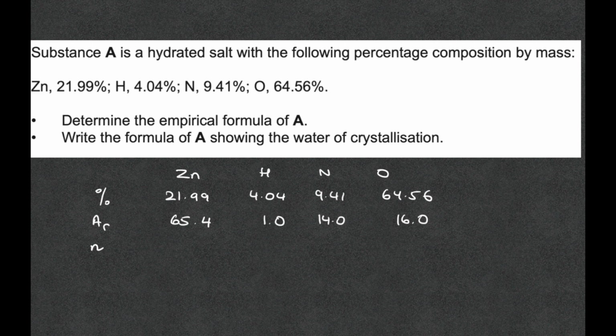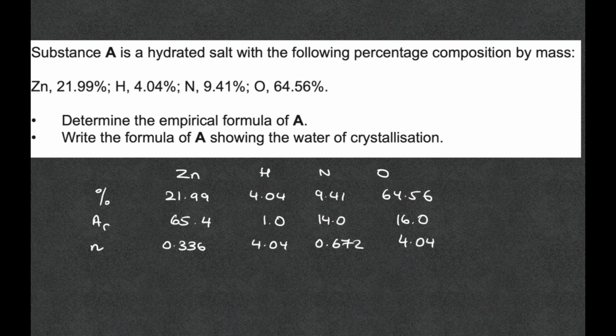Okay, so the number of moles are really simple. I end up getting 0.336. Remember, you do not have to worry about the fact that it's a percentage. You just simply do 21.99 over 65.4. Likewise for the rest of them, I am going to have these numbers.